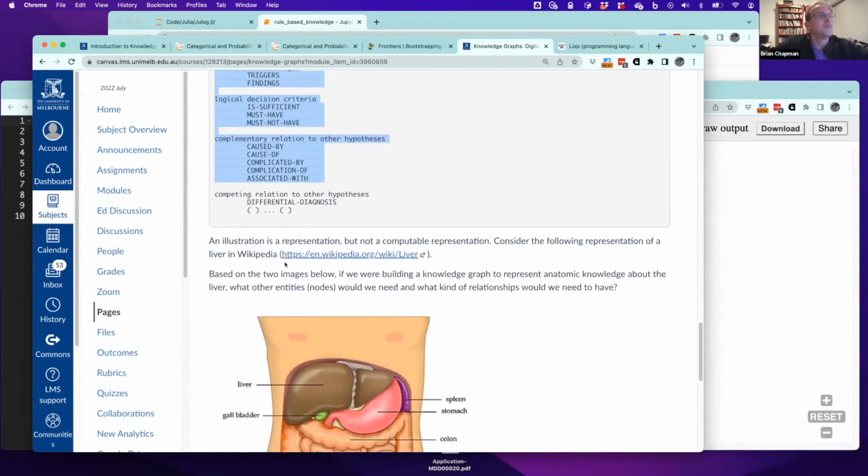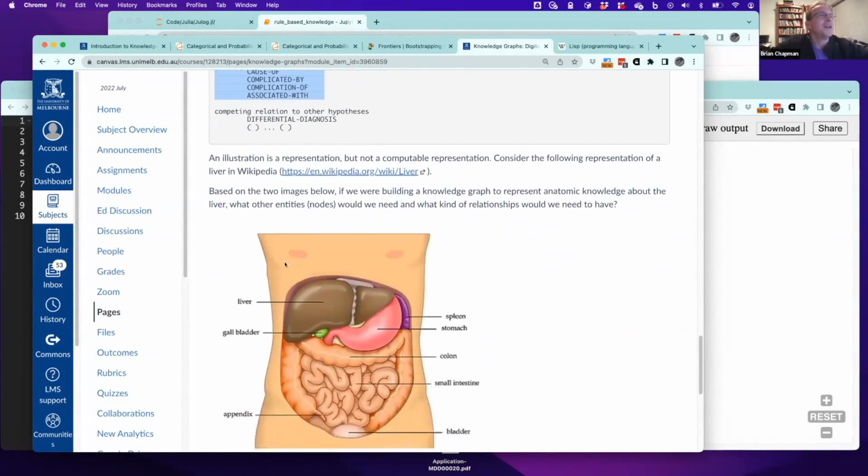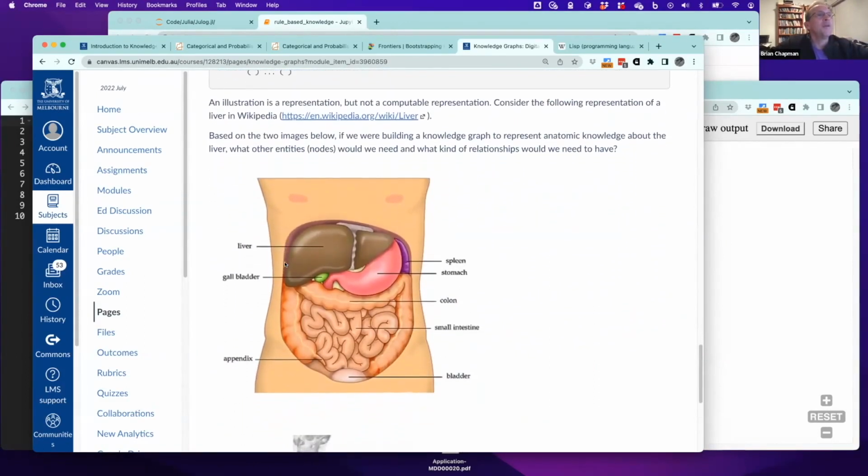Okay, so let's just brainstorm a little bit here. I'm going to ask you to create a knowledge graph of the gross anatomy relevant to the liver.